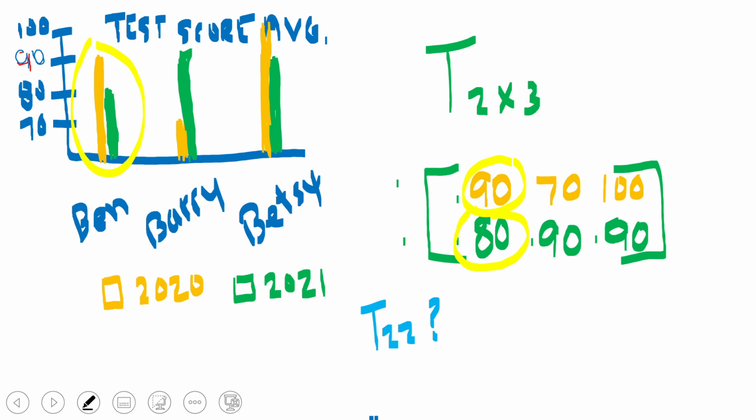And so T22 is right here. We built that from Barry's test scores, and it represents 2021. So the answer here is the element is 90 in T22.